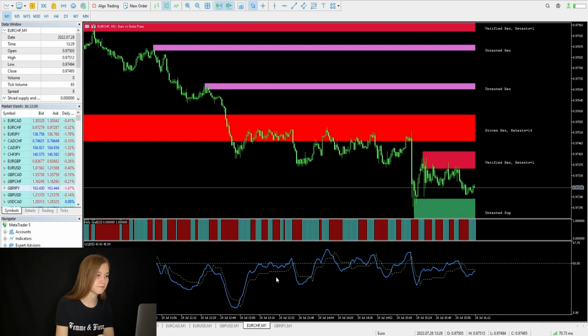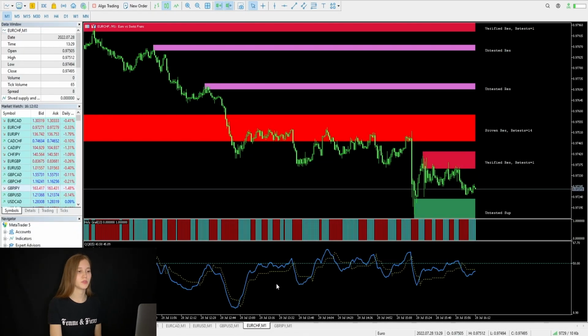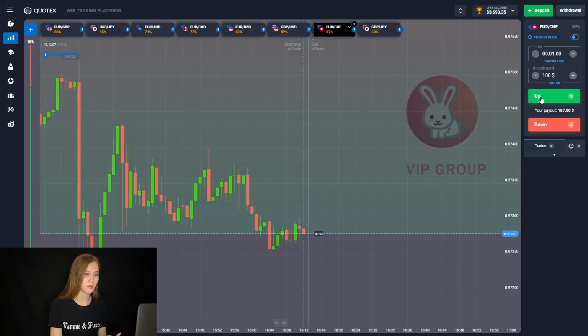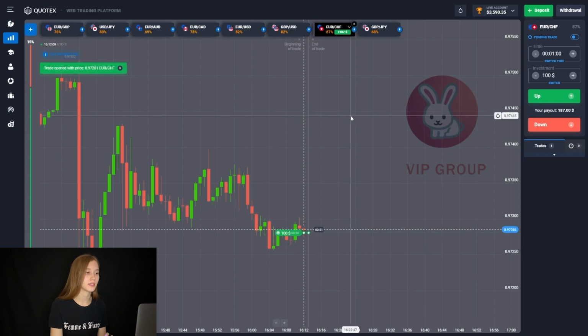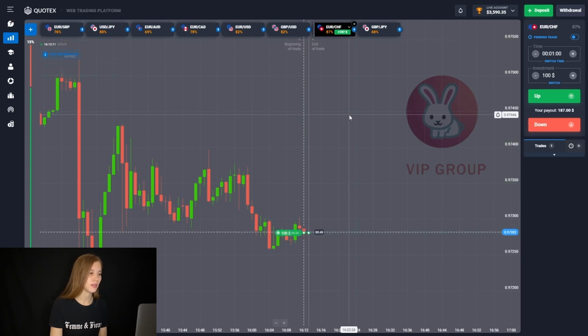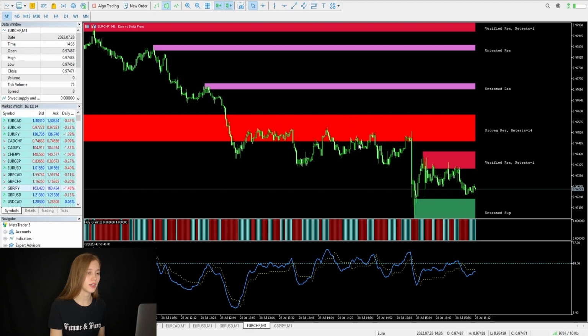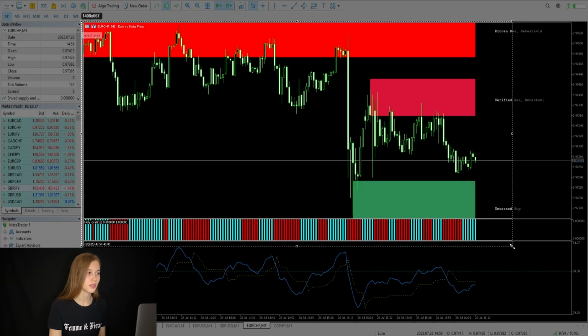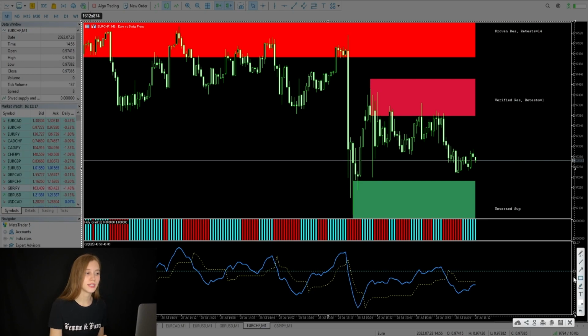So let's stop at this currency pair and move to Quotex. This currency pair and open a deal. Let's go back to the MetaTrader and I explain the entry here. So the support zone played here and the movement went down.